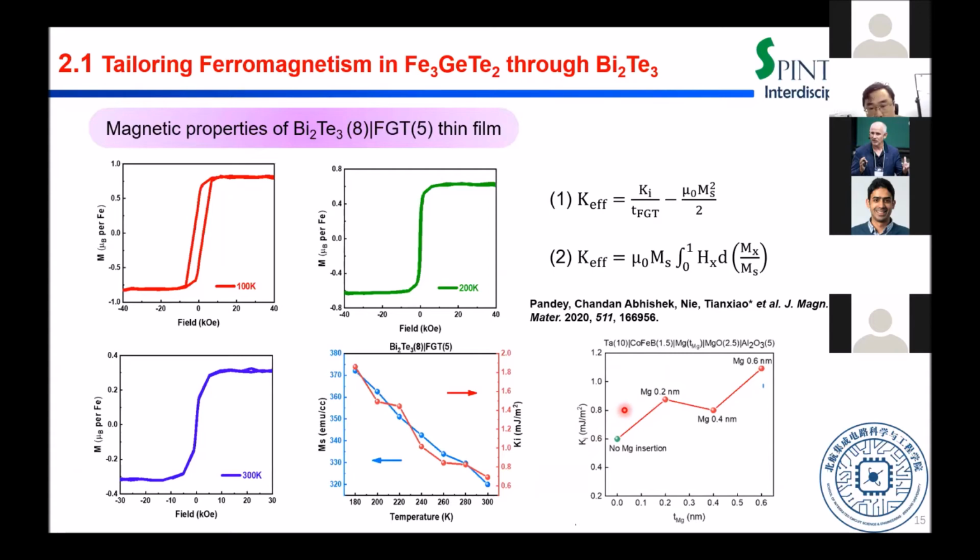The high PMA can make the MTJ more stable. So I think in the future, probably after optimization of the growth, this iron germanium telluride material has a possibility to work in the MTJ structure.